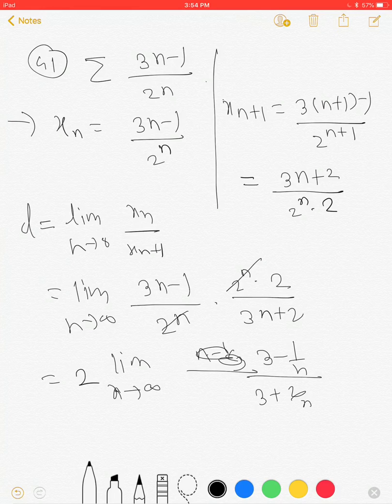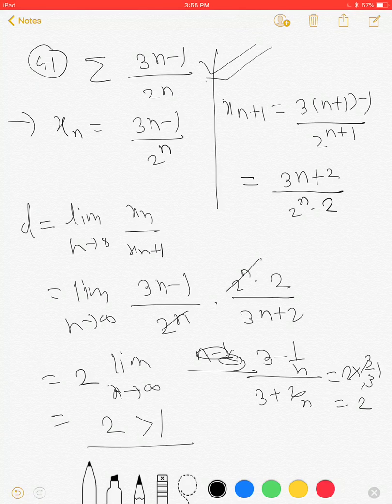This is just by dividing numerator and denominator by n. If we put in the limit, then this becomes 2 into 3 by 3, so this is 1, so the limit is 2. As the limit is 2, which is greater than 1, we know that in the ratio test if the limit is greater than 1, then our series is convergent. This implies our series is convergent.